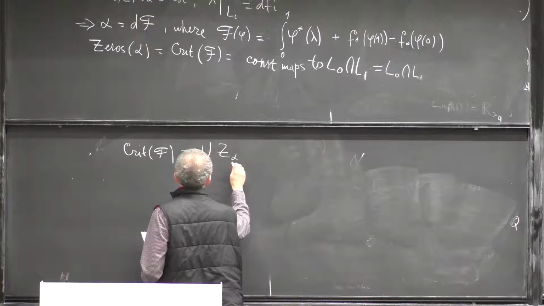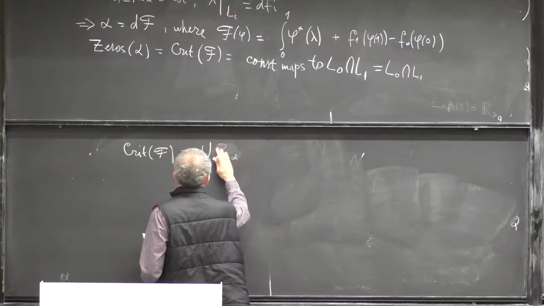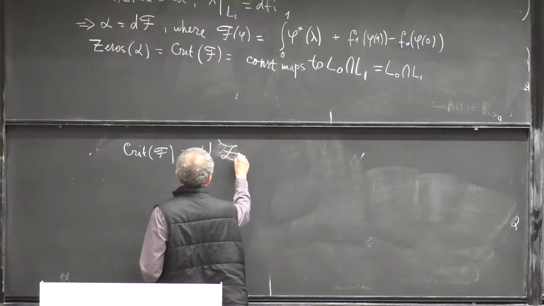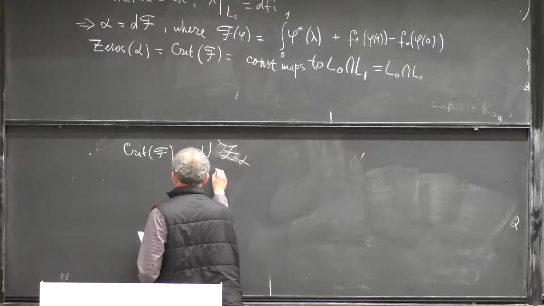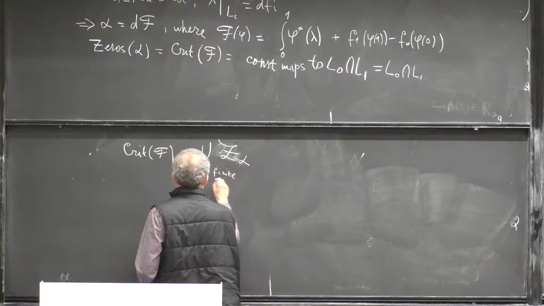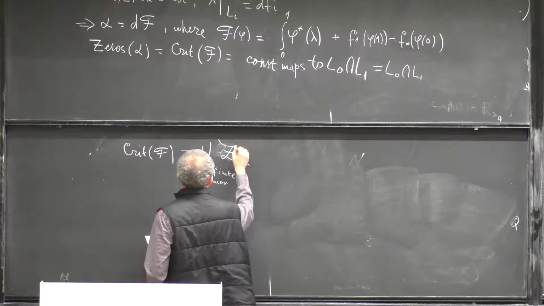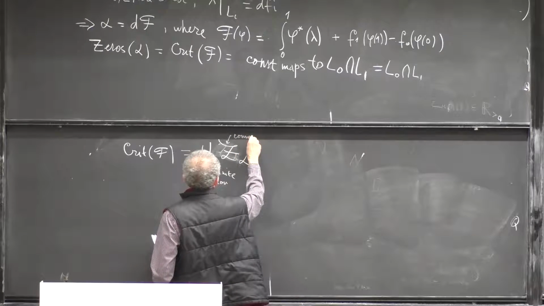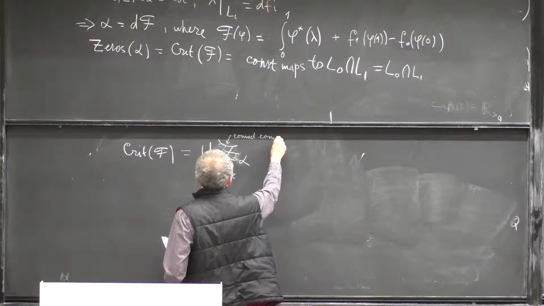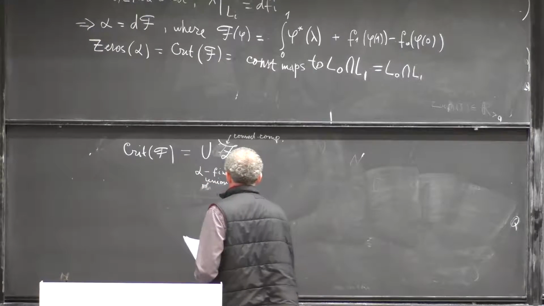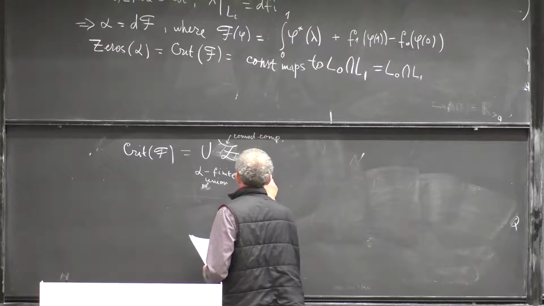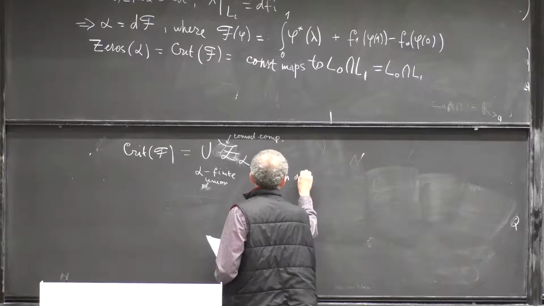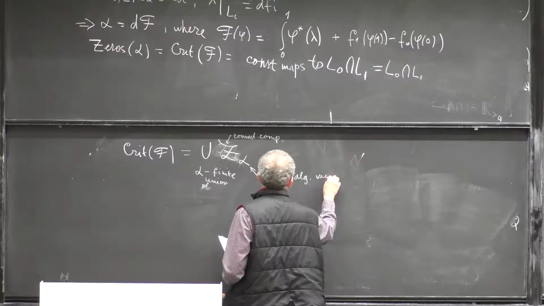Oh, it's not good notation. Which letter is good? Okay, Z. It's a finite union; these are connected components, and these are finite dimensional algebraic varieties.